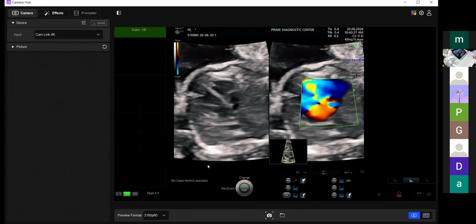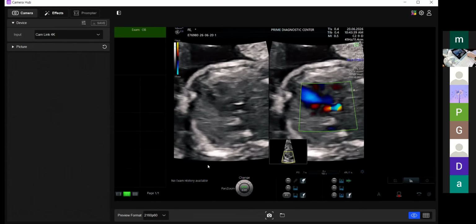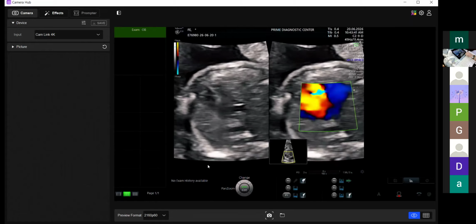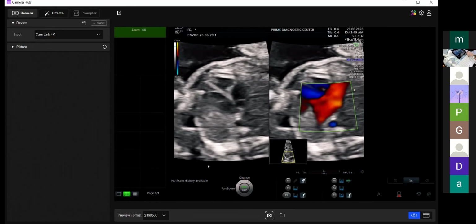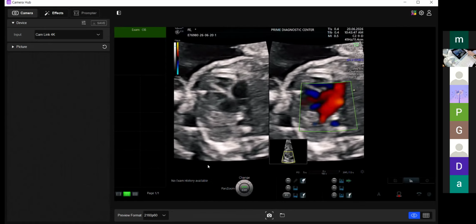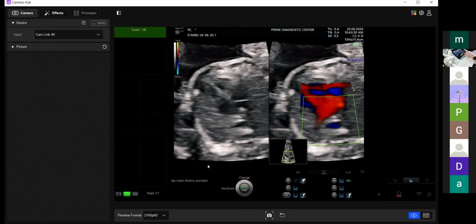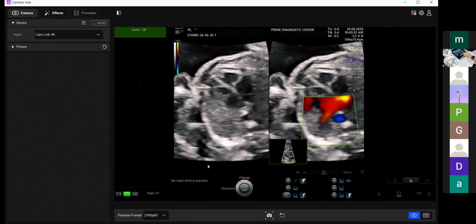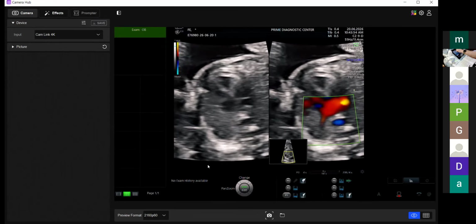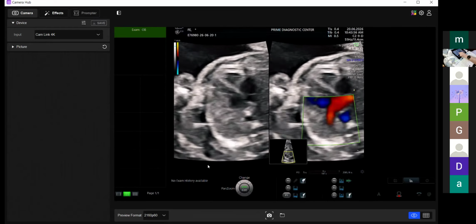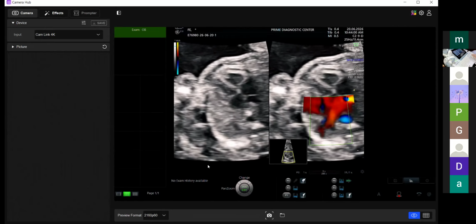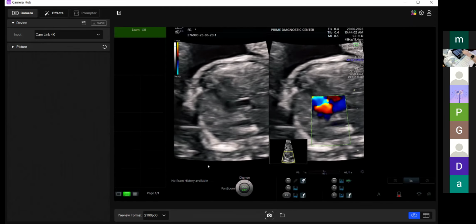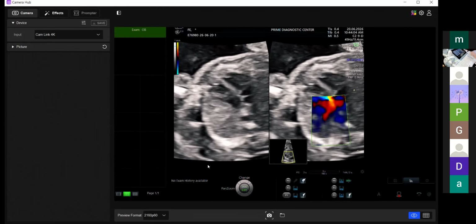This is where we're hunting for the pulmonary veins. So do you see one pulmonary vein? I increase my balance. I reduce my wall filters. I reduce my Nyquist limit slightly further, and then I do a little more optimization. I go to line density, ensemble, and then I may increase the smooth also here.